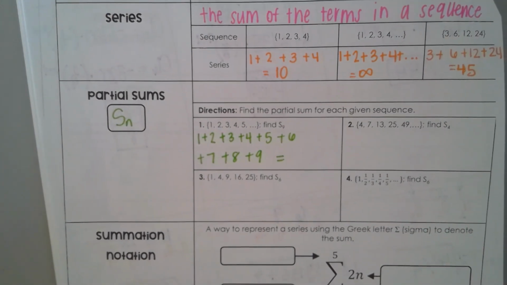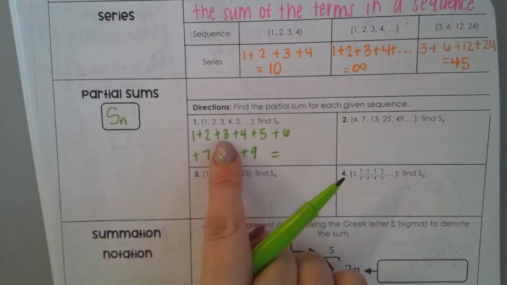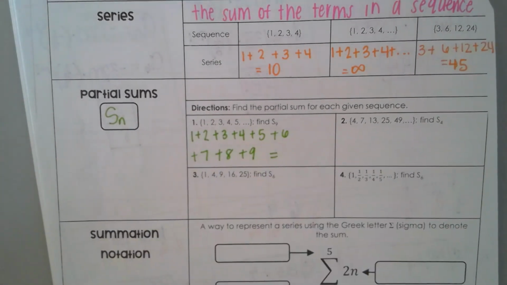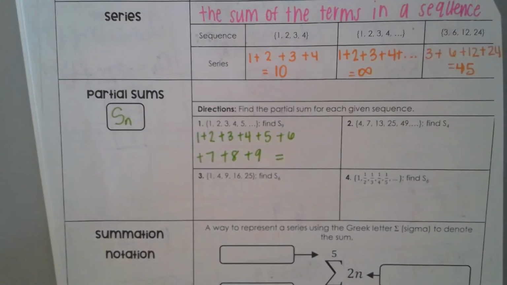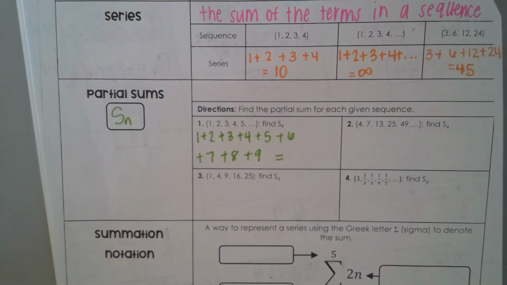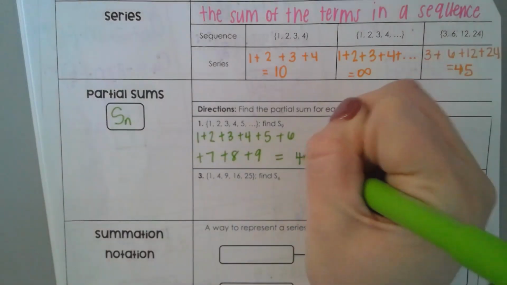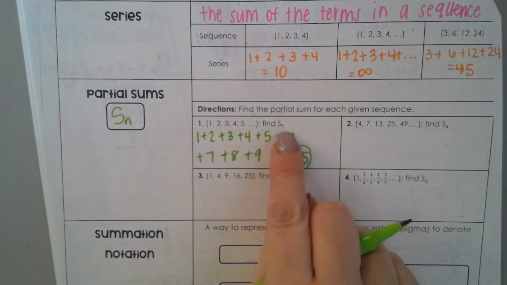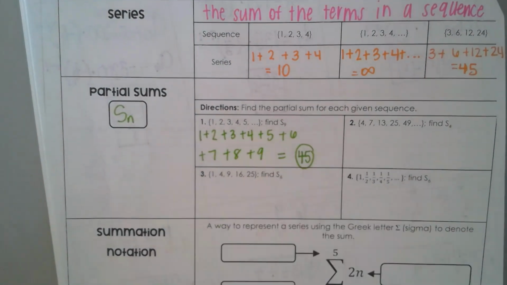Is there a way to abbreviate? You could do plus 3, and then ... plus 9 to show that you went up to 9. That's fine. What do we get? 45 is correct. So the sum of the first 9 terms is 45.